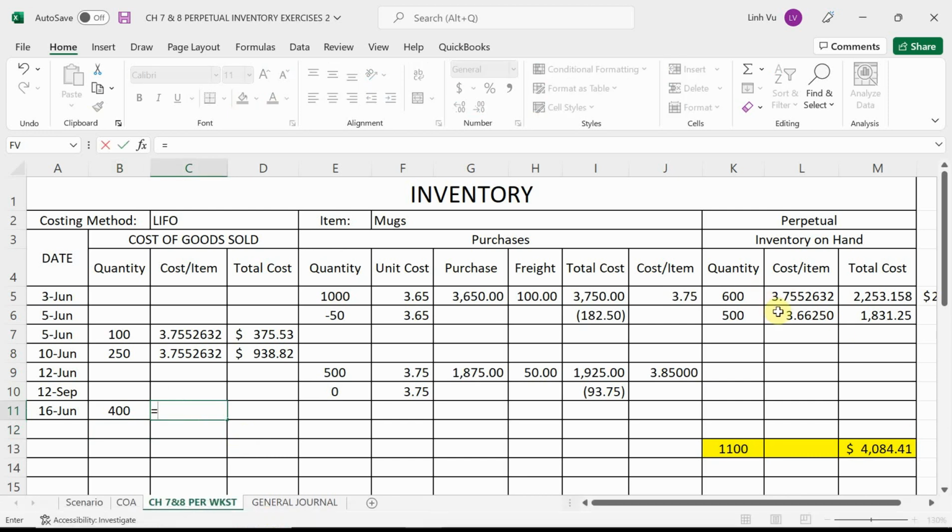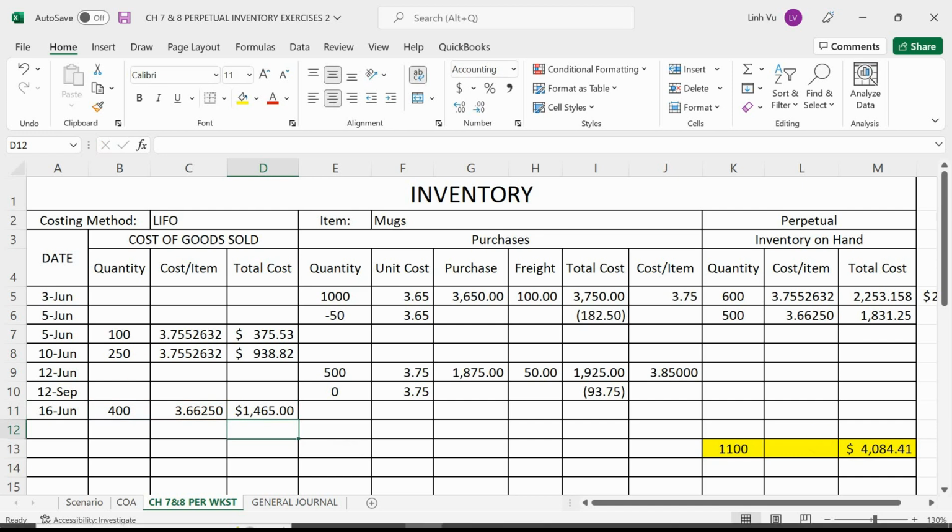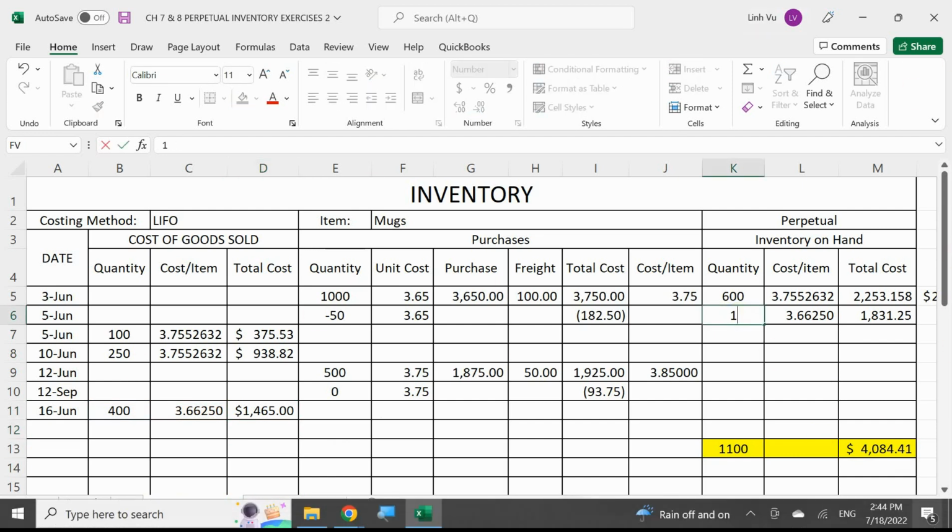For the first 400, it's 3.6625. What's my grand total here? I have $1,465.